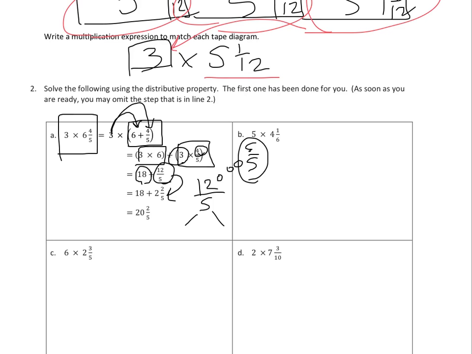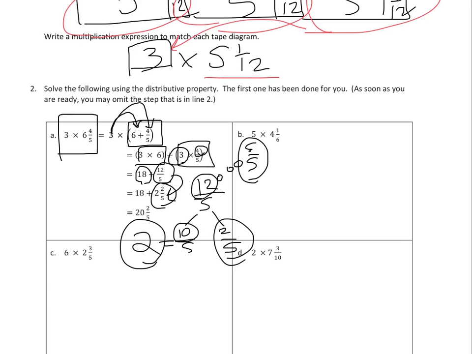So if 5/5 is equal to 1 whole, then 10/5 is 2 wholes, and then with 12, if I use 10, I have 2/5 left. That's how they're getting the 2 and 2/5. They took out 2 wholes, and then they had 2/5 remaining. The final step is to add the whole numbers together and then attach the fraction.